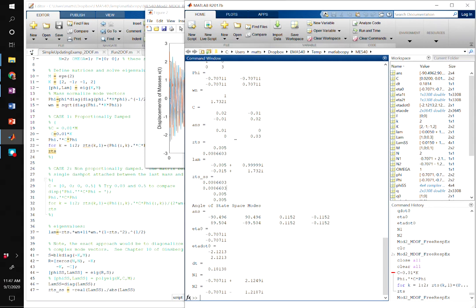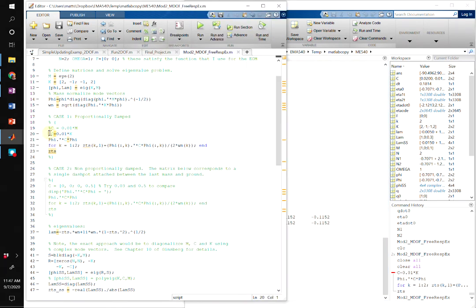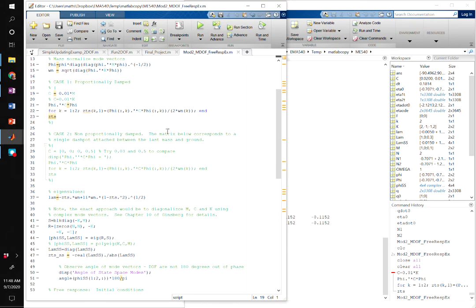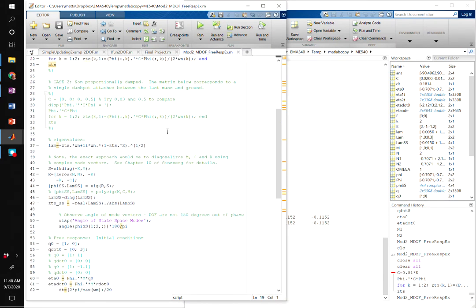Phi transpose C phi, though, is again. And in this case, the damping goes up as you go up in frequency. So that's one important property of the stiffness and mass proportional damping. They have different effects as you go up in frequency.